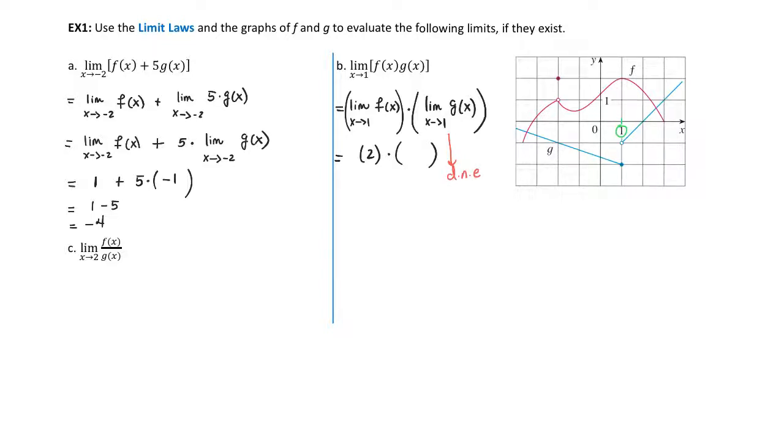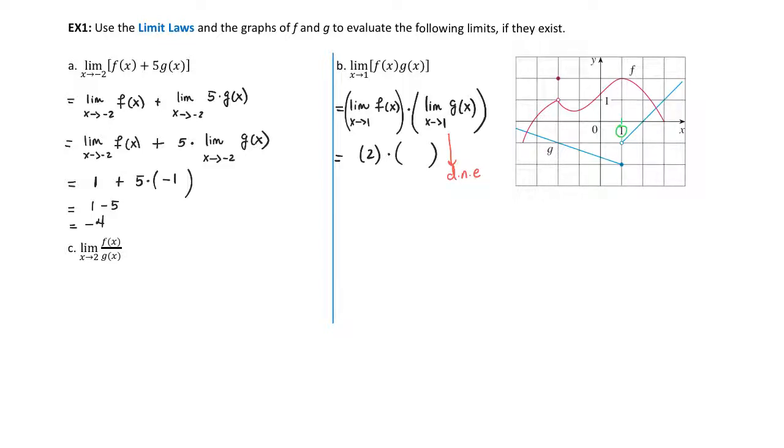So if it doesn't exist, unfortunately, I cannot use the properties that we developed, because you need to remember the conditions of those properties. For those properties to be applicable, the limit of f and the limit of g have to exist. If one limit doesn't exist, then I cannot use the properties.